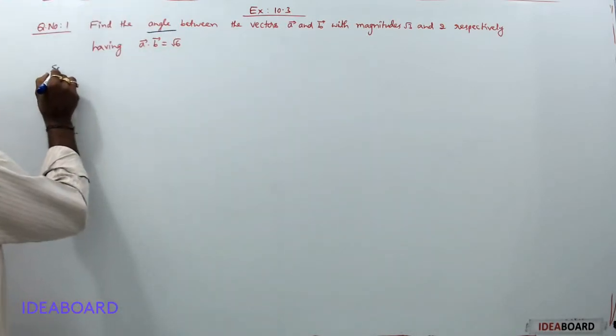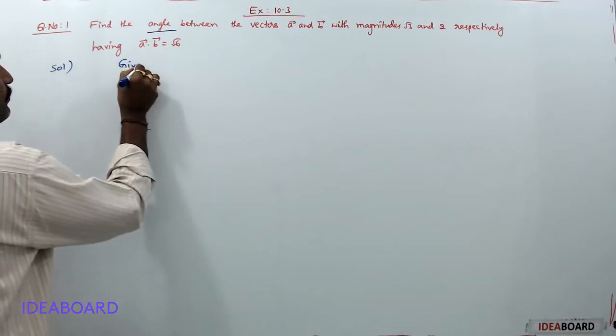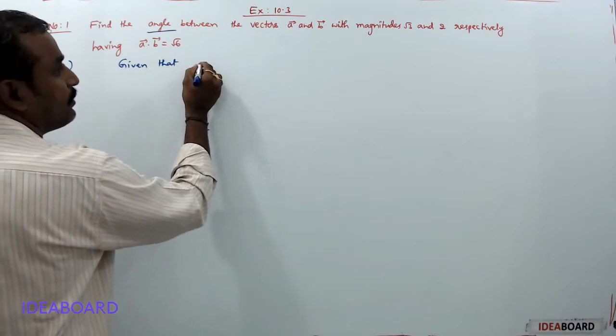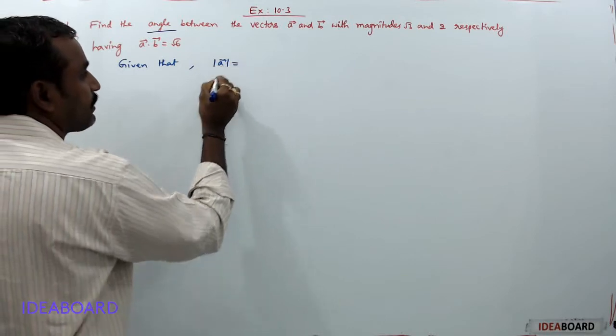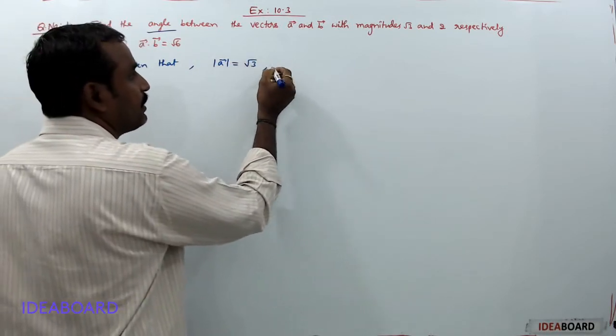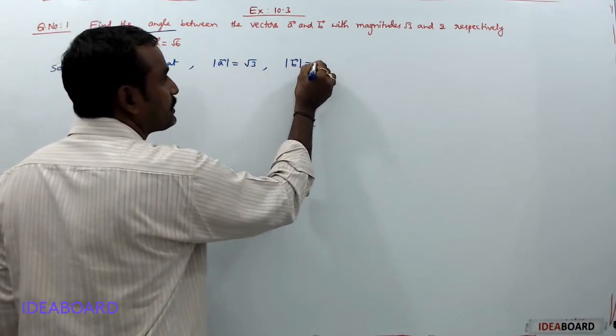Solution for this question. Given that magnitude of a bar, that means the length of vector a bar, is equal to root 3, and magnitude of b bar, that means the length of vector b bar, is equal to 2.